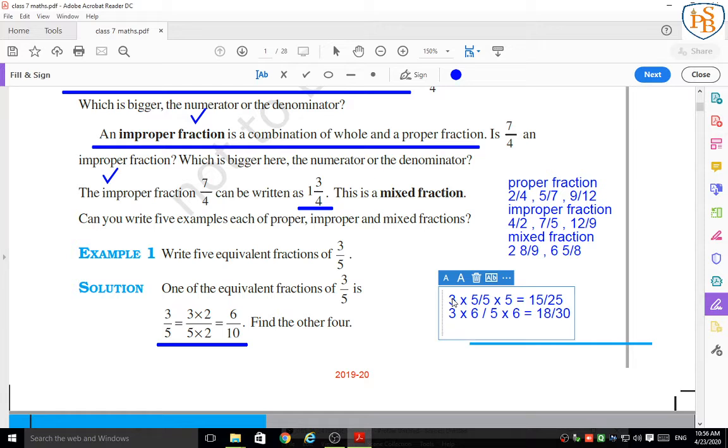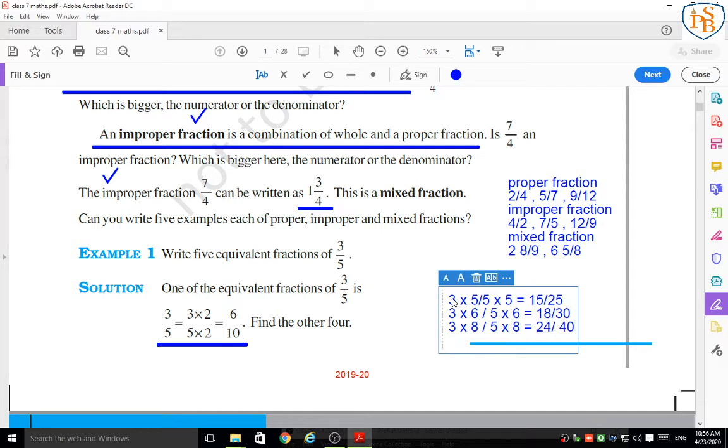And another one. Now again we are going to multiply 3 upon 5 by 8. So I can write here 3 into 8 upon 5 into 8 is equal to 3 8s are 24 upon 5 8s are 40.